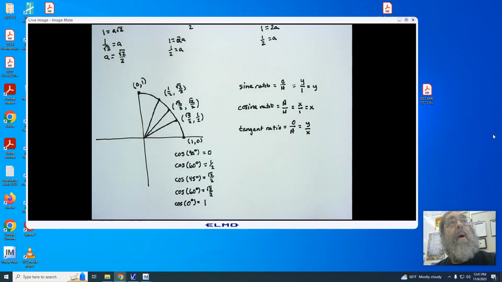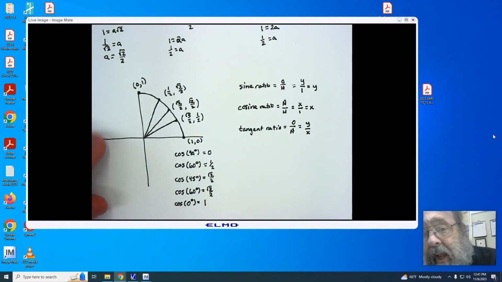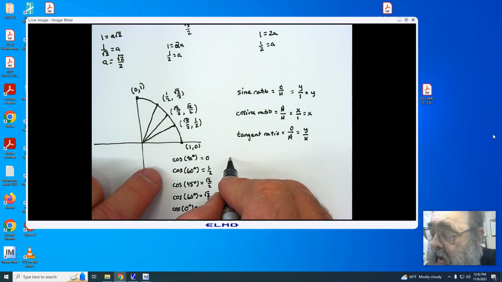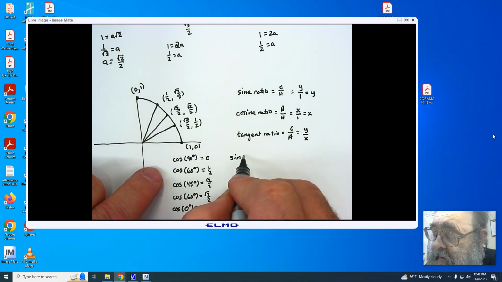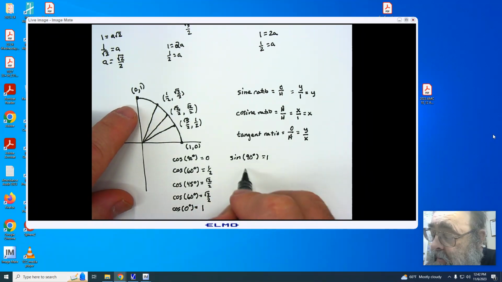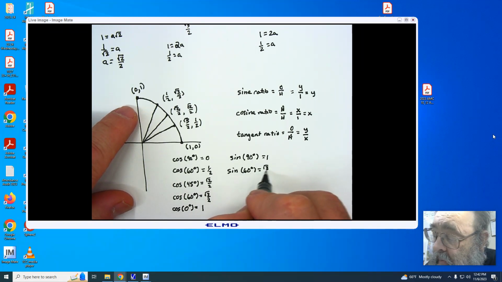And you notice we now are starting to get our relationships for trigonometry. Let's go ahead and identify the sine. The sine of 90 degrees is going to be 1. The sine of 60 degrees is going to be root 3 over 2.